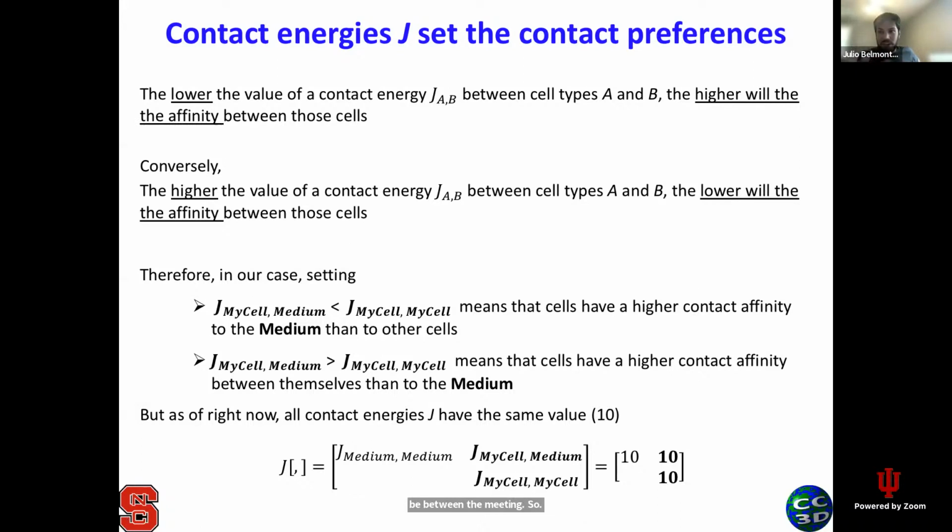But of course, right now, as you play your simulation, everything by default has the same energy. So the cell-medium and cell-cell interactions have the same contact energy. Okay, so that is what we have right now.